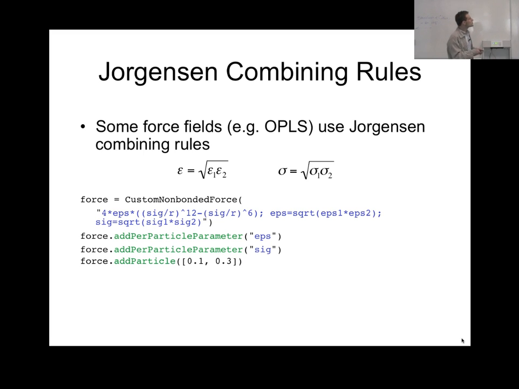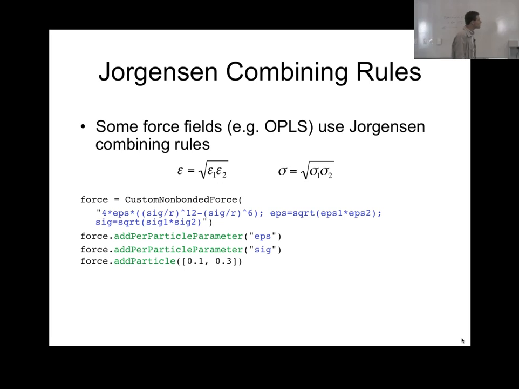You give it these per particle parameters called eps and sig. What actually appears in your expression is those variables with 1 and 2 appended to them. So eps1 means the value of the eps parameter for particle 1.